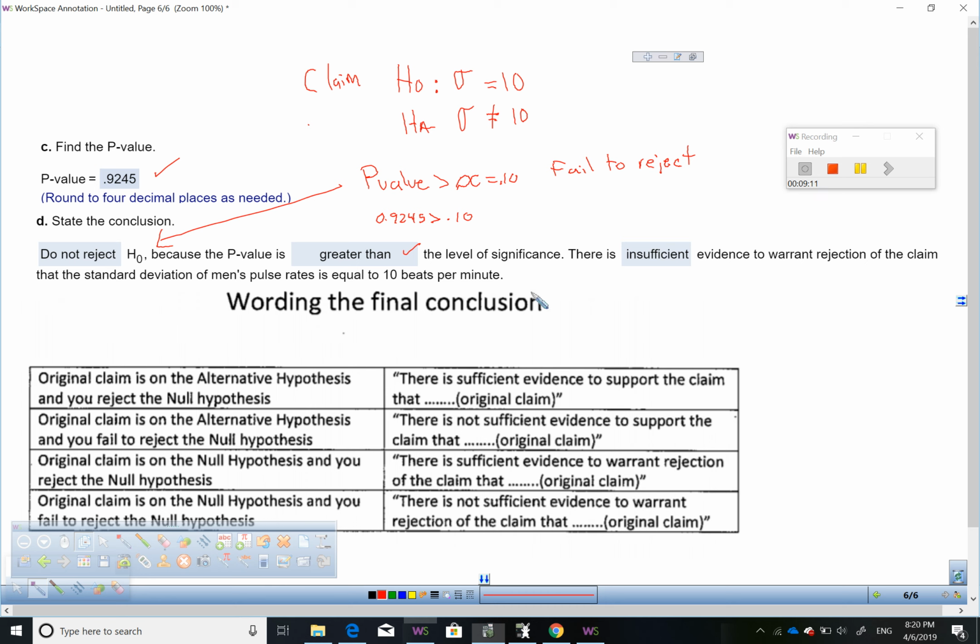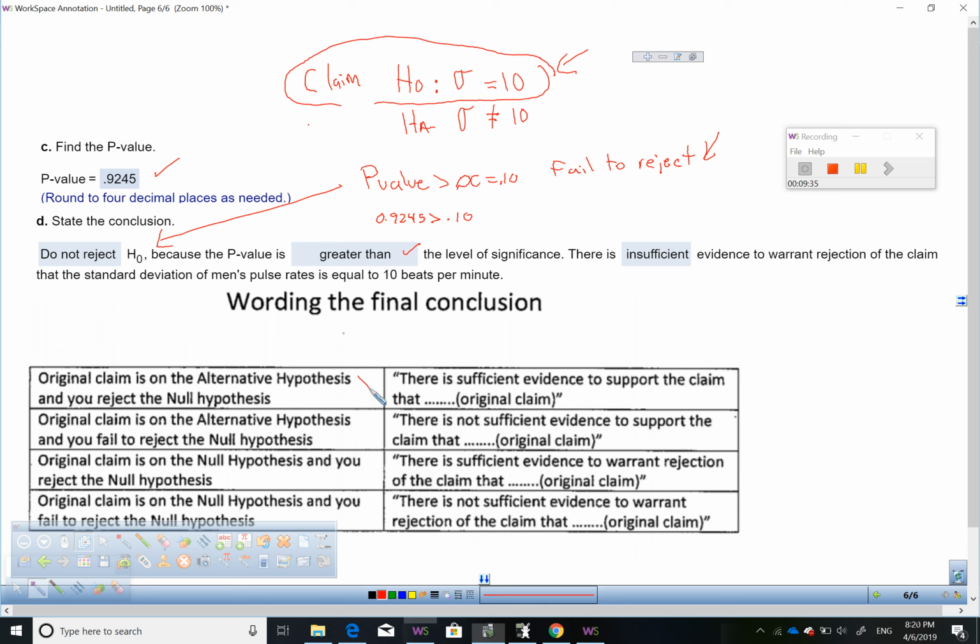Now, guys, in this situation, if you remember, the claim was on the null hypothesis, and we failed to reject. So we need these two elements to know how to word the conclusion. Look, you see all the possible combinations you might have. It says the original claim is on the alternative hypothesis.